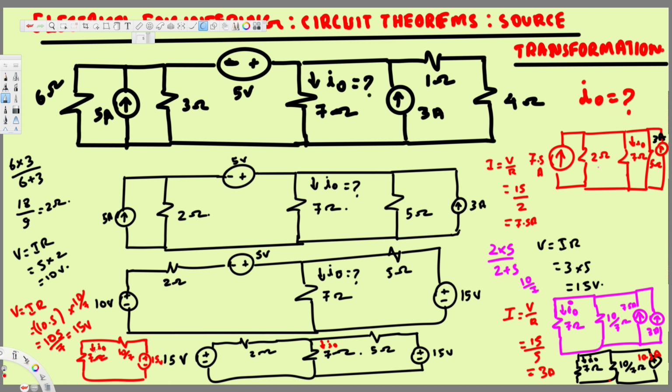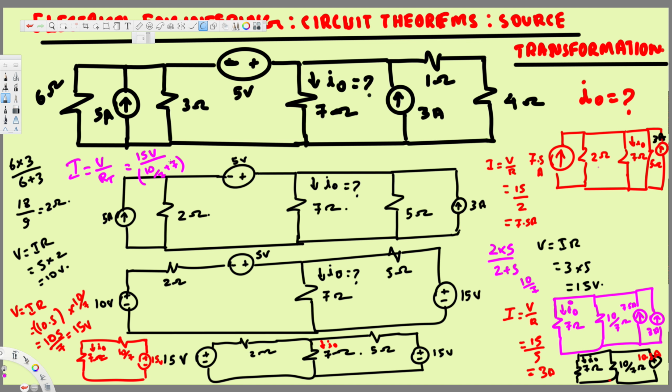Now the question was to find the current across this 7 ohm resistance. To find the current we have to use I is equal to V over R. I is equal to V over R total in this case, and we know that V is equal to 15 volts, and the R total is going to be 10 over 7 plus 7 ohm. If you find the common denominator, that's going to be 7.